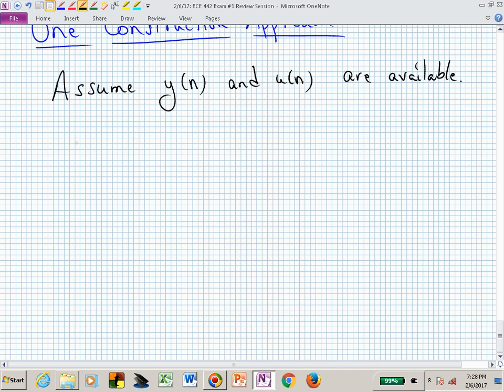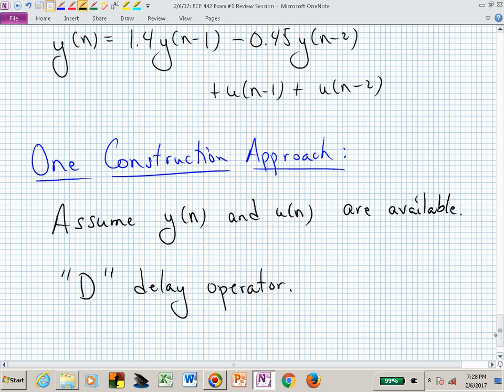And I'm going to say that D, the letter capital D, is my delay operator. With that, I want to now rewrite y of n in terms of y of n and u of n and delay operators.